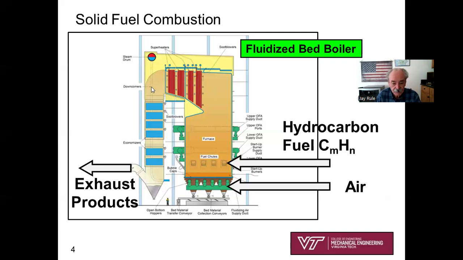And then, of course, the exhaust is coming back around here. It's heating up boiler feed water since the exhaust has gotten colder, and then out goes the exhaust products up to the exhaust stack. So that's a great example. It's a good look at a fluidized bed boiler, solid fuel combustion at the industrial level.